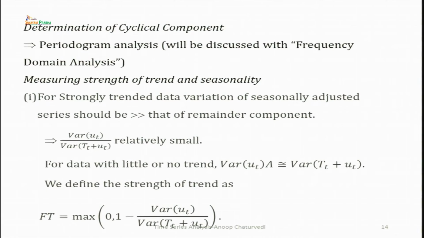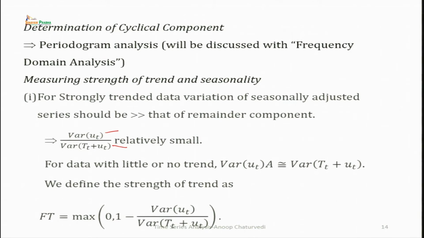So, for strongly trended data, the variation of the seasonally adjusted series should be much greater than that of the remainder component. Means the variance of UT divided by variance of TT plus UT should be relatively small.